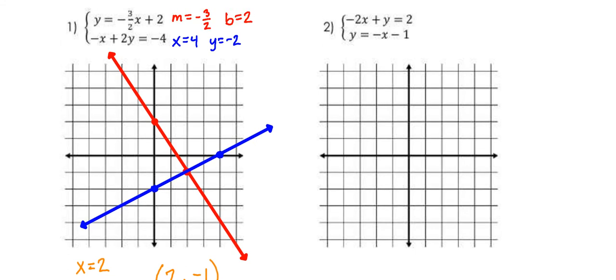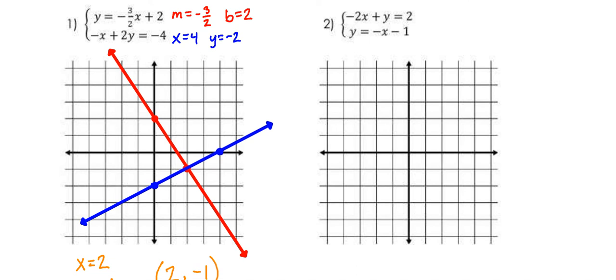Okay, so now moving on to number 2. The first one, negative 2x plus y equals 2, is in xy intercept form. So using that cover-up method, for x, if I cover up y, I'm left with x equals negative 1.